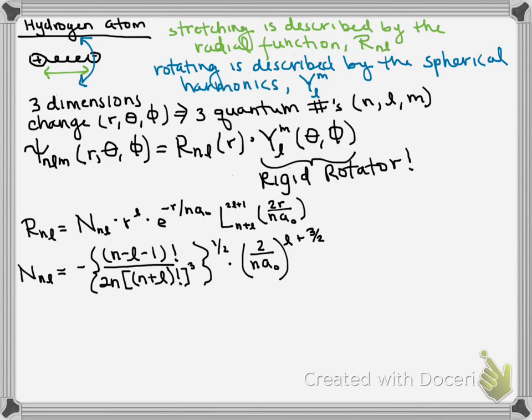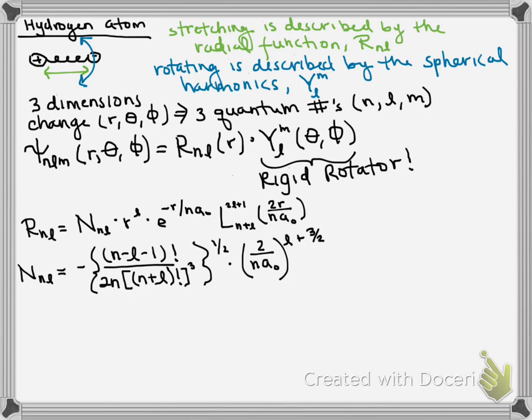Which is kind of crazy, right? This is getting, again, a little bit more complicated than our rigid rotator was. You don't have to have these memorized, obviously, as we've been doing so far. I will continue to give you equations and expressions like this, but you should be able to use this expression.